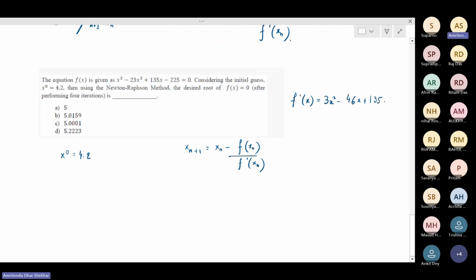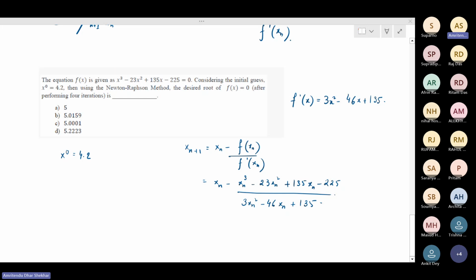This is equal to xn minus (xn cubed minus 23 xn squared plus 135 xn minus 225) upon (3xn squared minus 46xn plus 135).